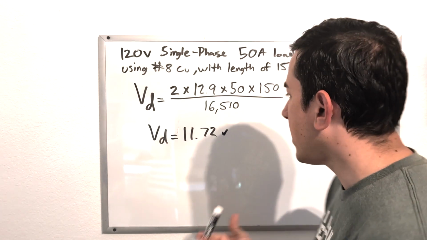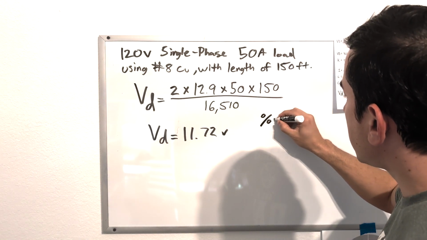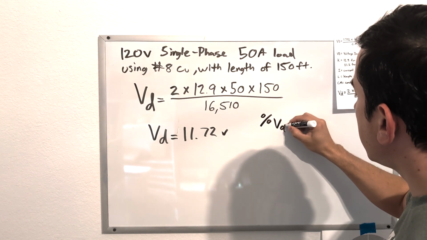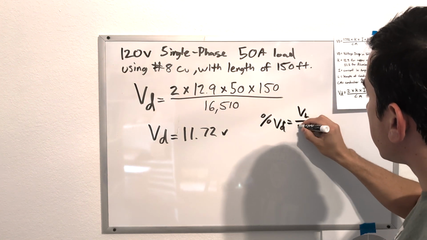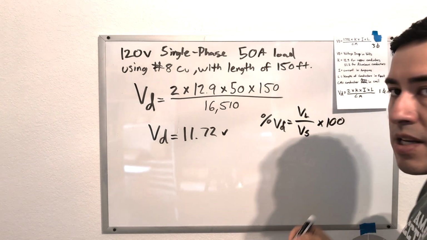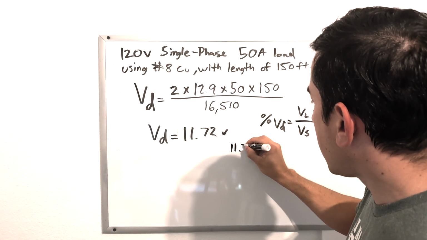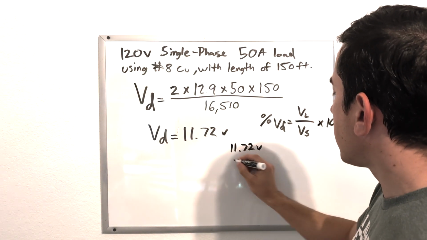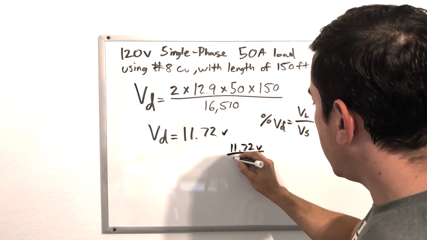in the NEC, we would take the percentage of voltage drop is equal to the voltage loss over the voltage supply times 100 to get that as a percentage. So in our case, it would be 11.72 volts over 120.